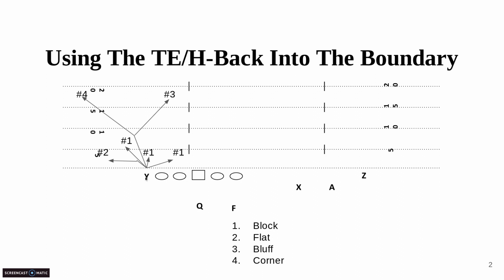Maybe you want to run counter into the boundary and you're going to release him outside on an arc to block that corner. So you need to do those 3 things with this tight end: block on, block down, and arc to the alley defender. Arc to the alley defender is very important because that's going to set up your bluff.